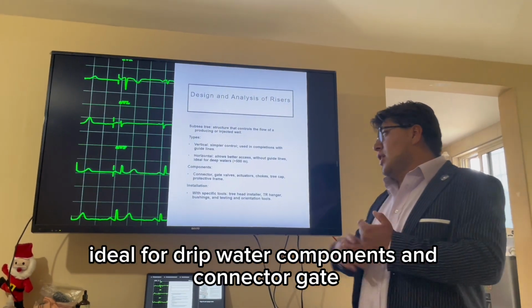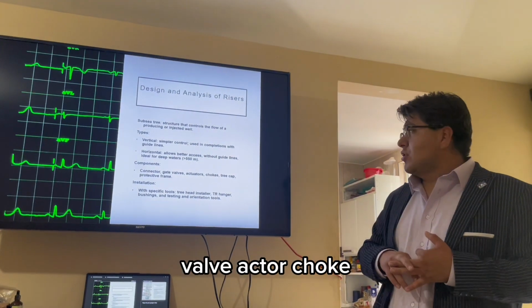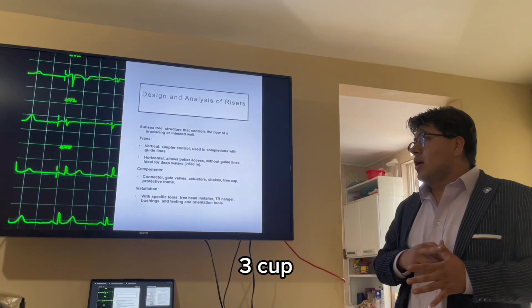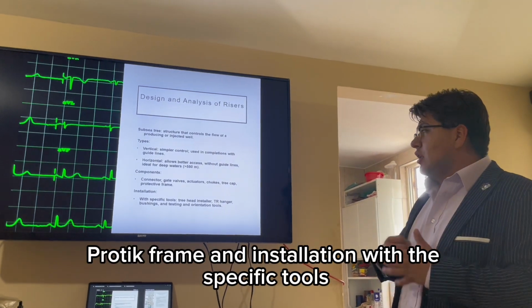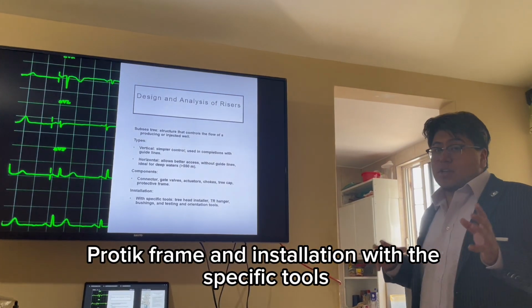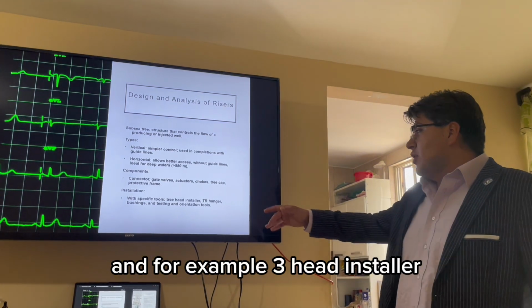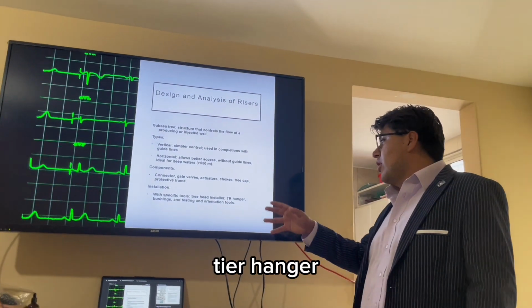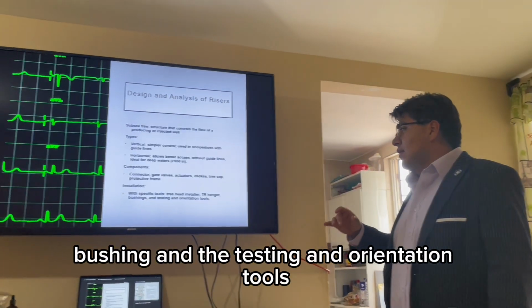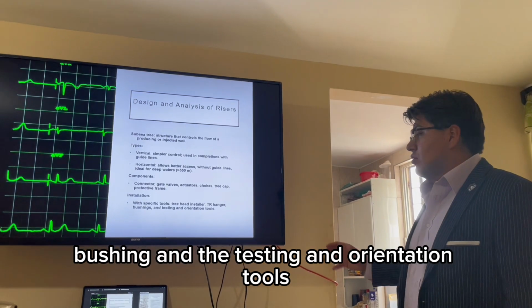Components: connector, gate valves, actuator, choke, tree cap, protective frame, and installation with specific tools, for example, tree head installer, tubing hanger bushing, and the testing and orientation tools.